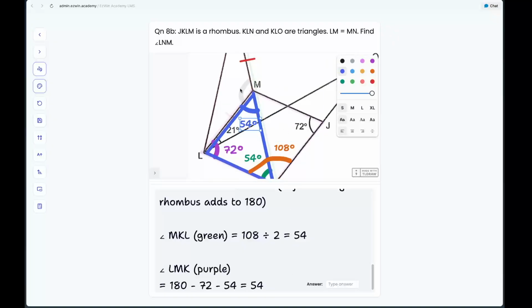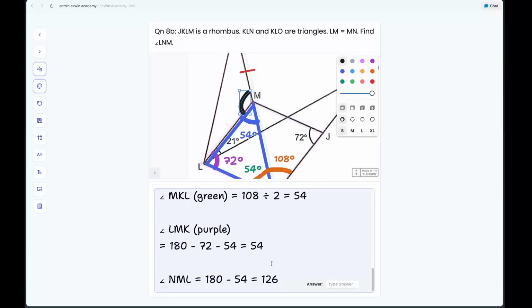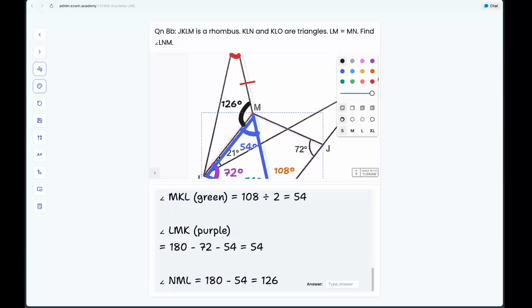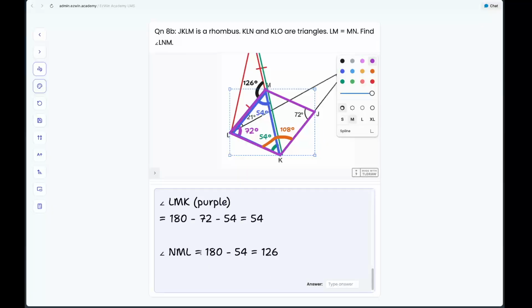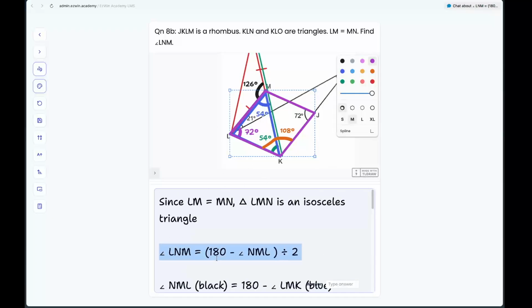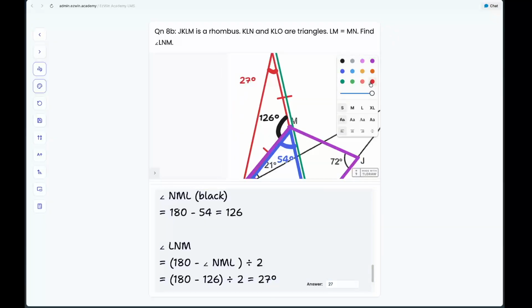Since we know this is 54, we can find this black angle, which is NML, which is 180 minus 54, and this will give us 126. Since we know this angle is 126, we can find angle LMN, which is basically 180 minus angle NML, which will then be equal to 27 degrees. That's what we see over here. Okay, so there you go.